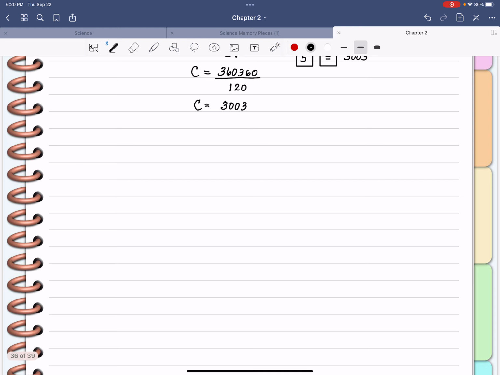All right, on this page we have skill practice down there at the bottom. And we need to take a look at those 5 problems. Number 1.